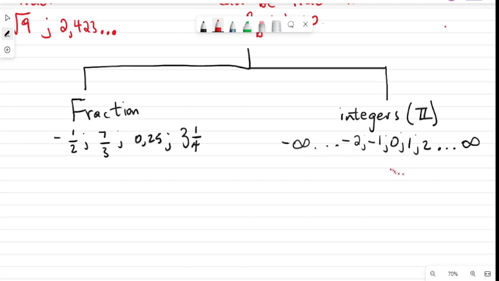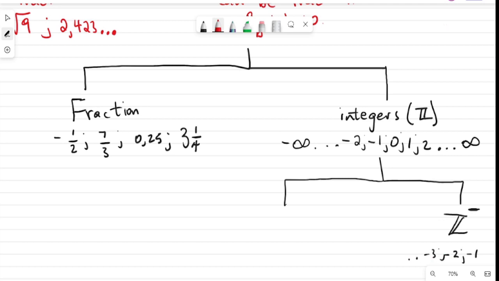These are integers. What you must know is that we can also group integers into two groups. The first group is the negative integers, such as -2, -1, -3, and so forth.